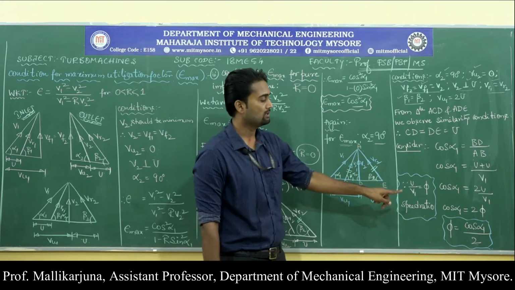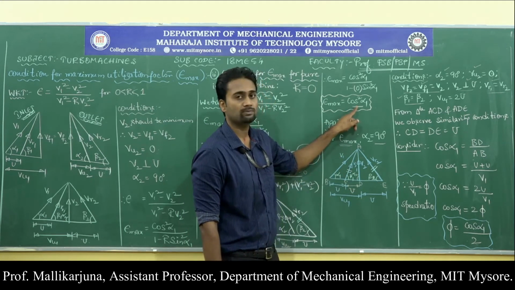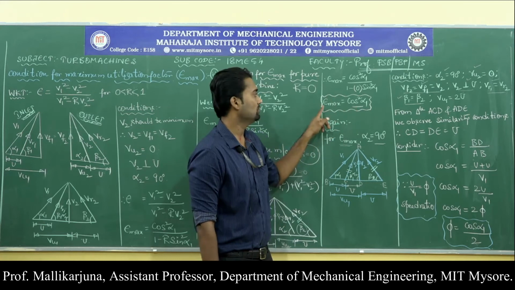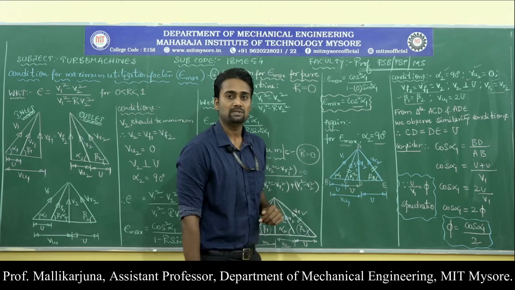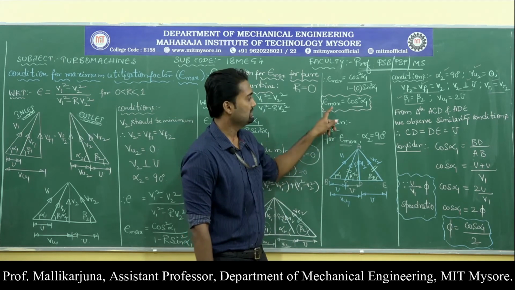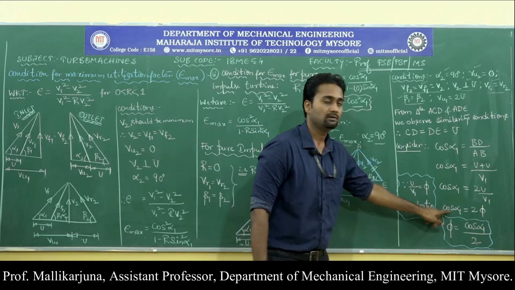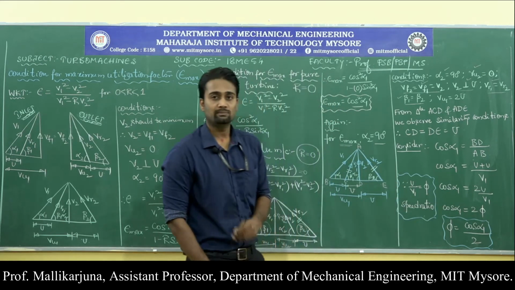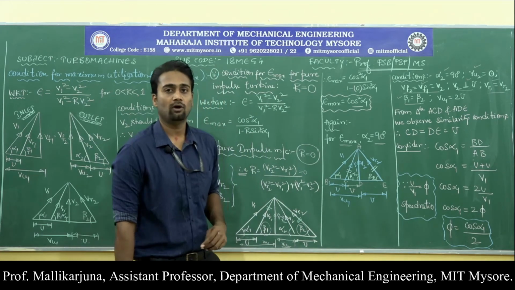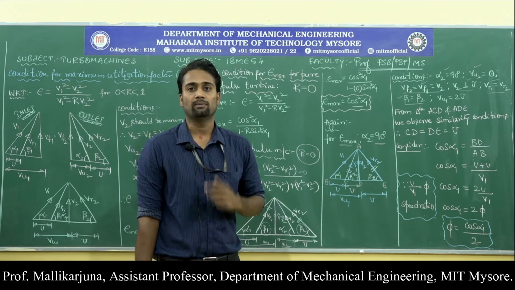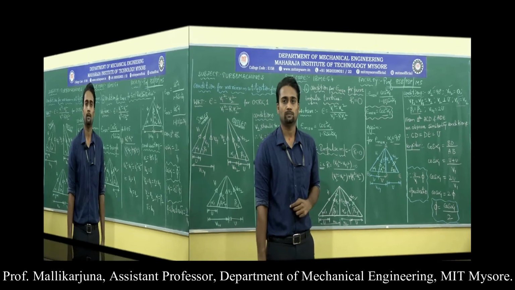So cos alpha 1 becomes 2 phi. You can substitute the value of 2 phi into this so that you can get the value of epsilon max. So this is the condition for maximum utilization factor for the turbo machines whose R will be equal to 0.